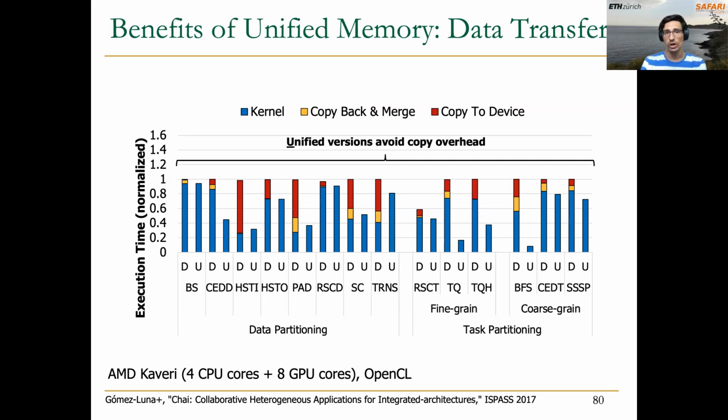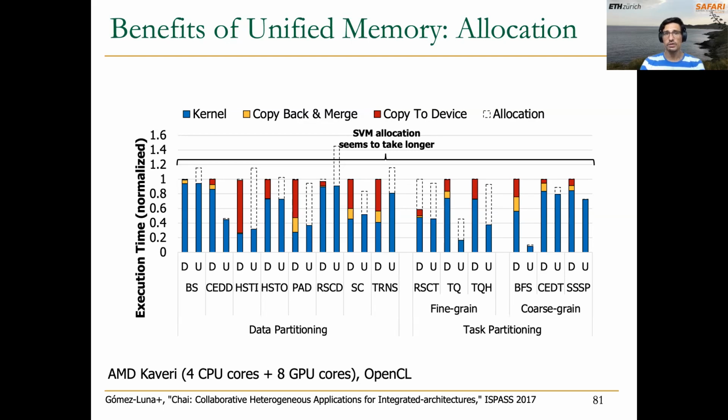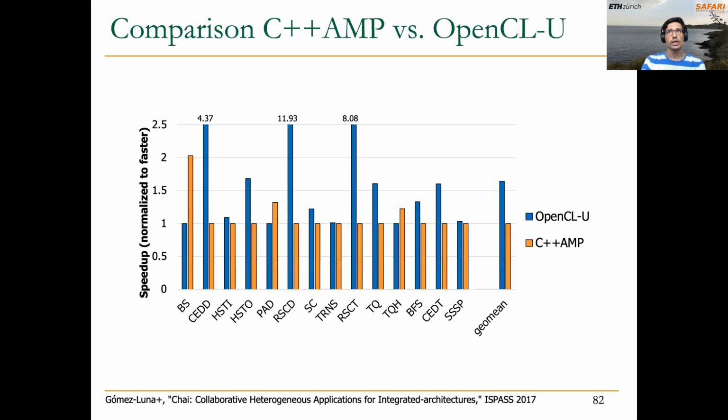The unified memory versions avoid this copy overhead completely. Only one thing that we observe is that the SVM allocation, the allocation of the unified memory space, takes longer, and these AMD Kaveri results were generated about 5 years ago. So this SVM allocation might have improved and now might be more optimized in newer architectures.